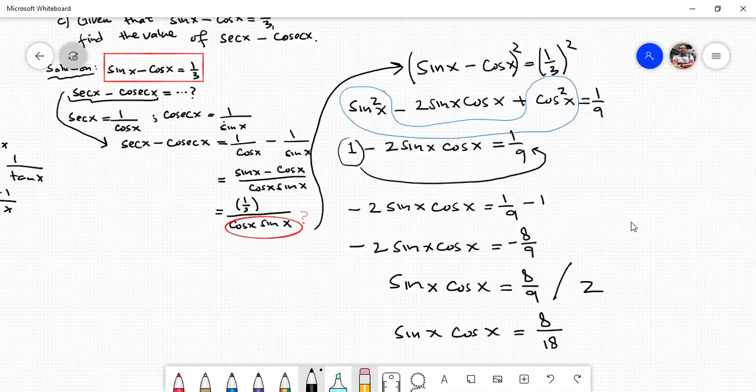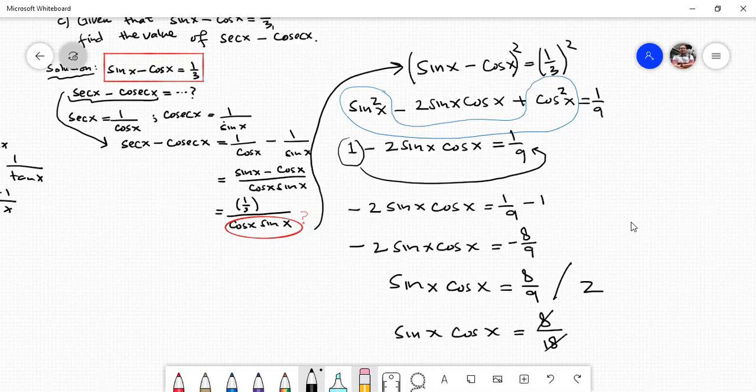Is it correct? Yeah, that's correct. Can we simplify this?